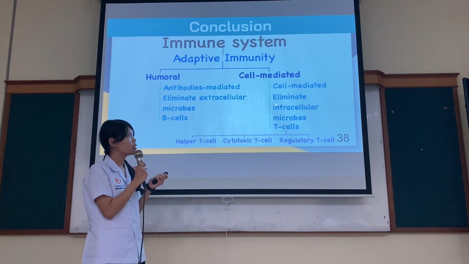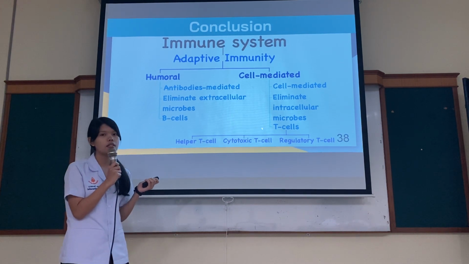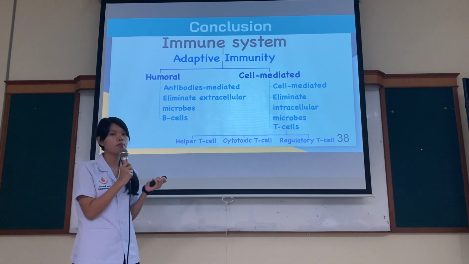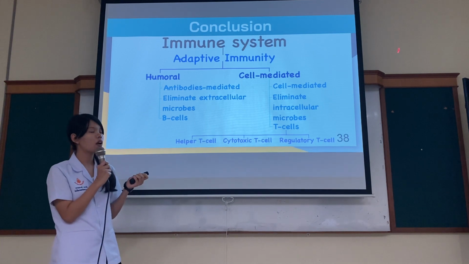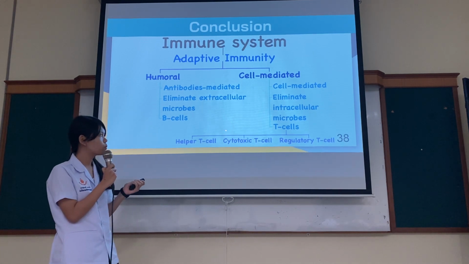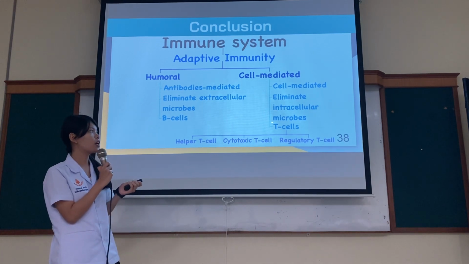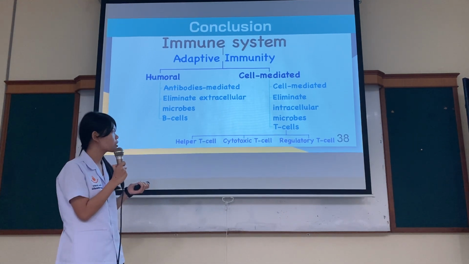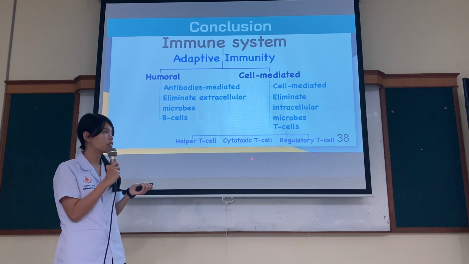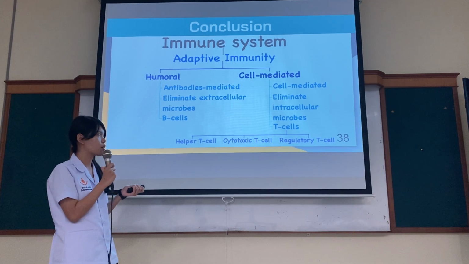It can eliminate intracellular microbes, and T cell is the major lymphocyte in this immunity. T cells can also be divided into three types, which are helper T cell, cytotoxic T cell, and regulatory T cell. These cells also contribute to the function of adaptive immunity according to the type of cells.